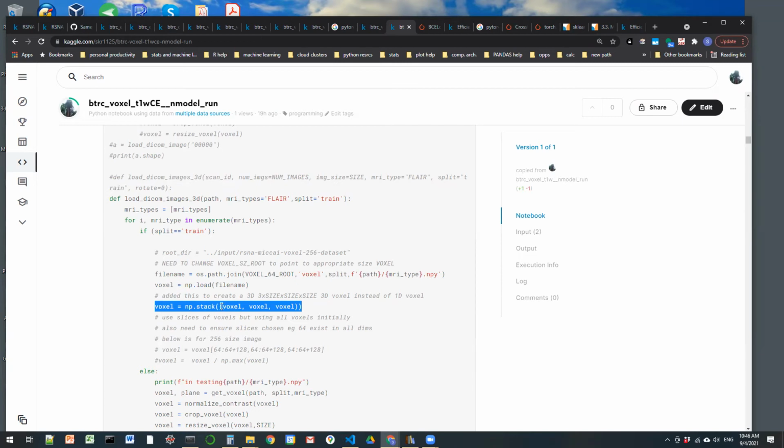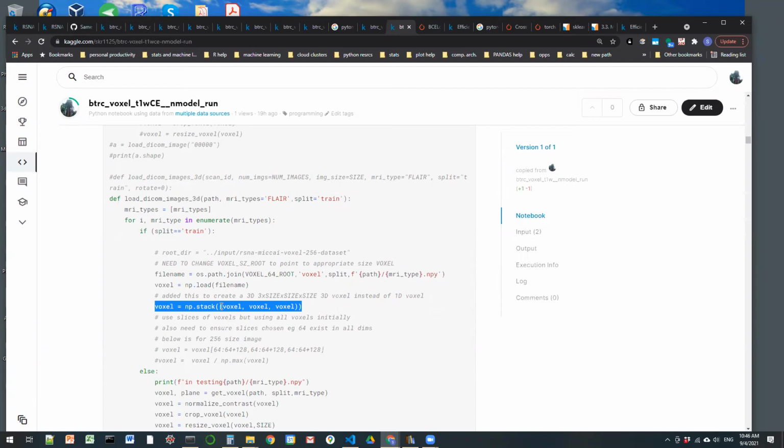You can have a 1 by 128 by 128 by 128, or a 1 by 256 by 256 by 256, or you can have a 3 by 128 by 128 by 128, or a 3 by 256 by 256 by 256. So 3 channels of a 3-dimensional image. Each image has X, Y, and depth, but it has 3 channels. That's the primary reason I did it.